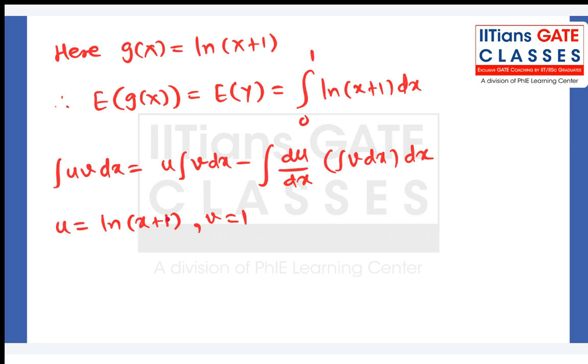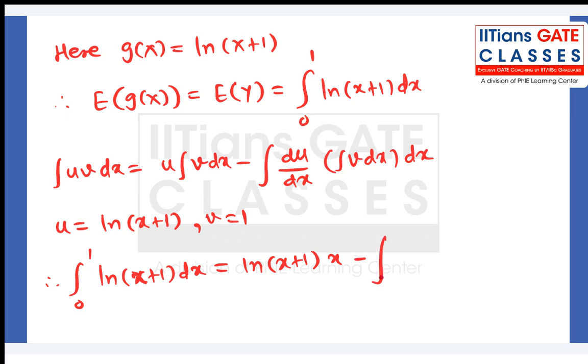So therefore, integral of ln x plus 1 dx, u will be ln x plus 1 as it is. Integration of v will be x minus, actually we'll apply the limits at the end. Okay, so let's not complicate here.